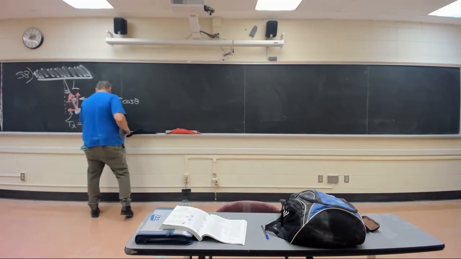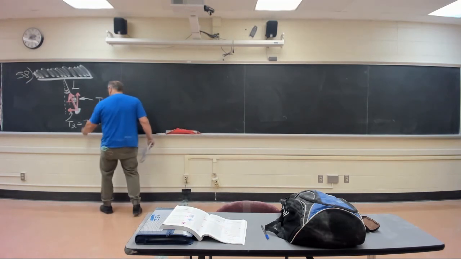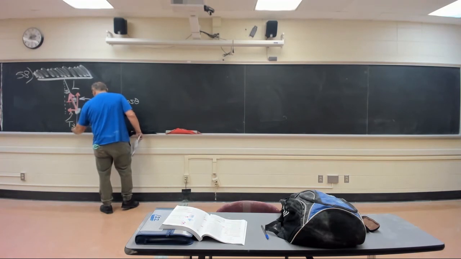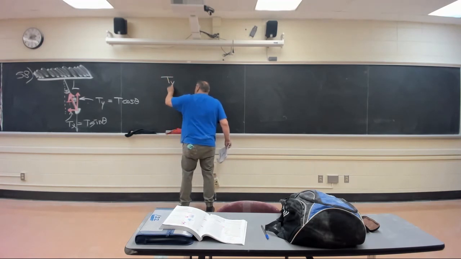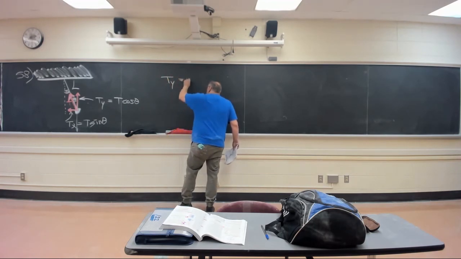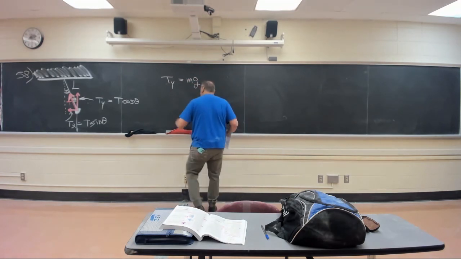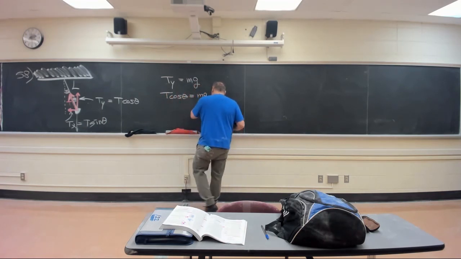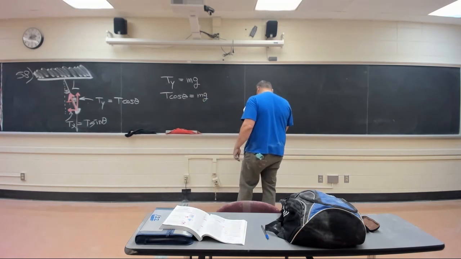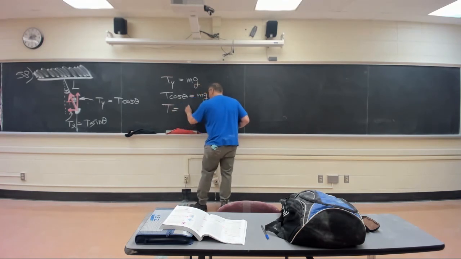So what do you want to say about it? We know that there is a pull down called the weight, mg, and it's equal to Ty. So Ty, the pull-up, is equal to the magnitude of mg. T cosine theta equals mg. T equals mg divided by the cosine of theta. You can jump right to here, guys.